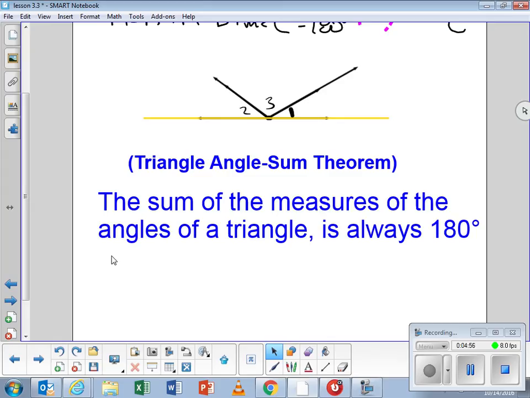And so the triangle angle sum theorem says that the sum of the measures of the angles of a triangle is always 180. Doesn't matter if it's a little triangle, a big triangle, obtuse triangle, acute triangle, equilateral triangle. It doesn't matter what it is, as long as it's a triangle. The angles of that triangle always add up to 180 degrees. Okay?